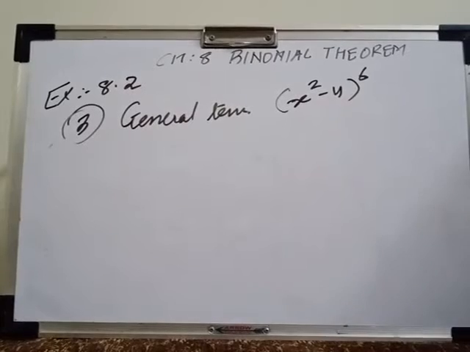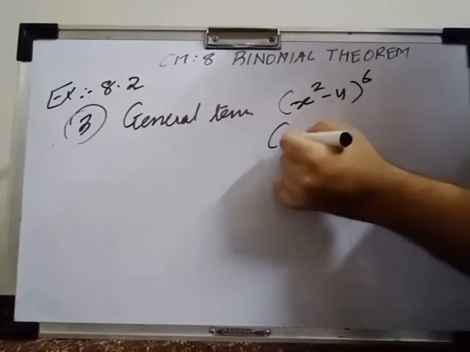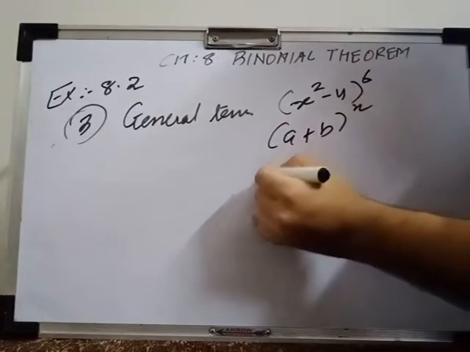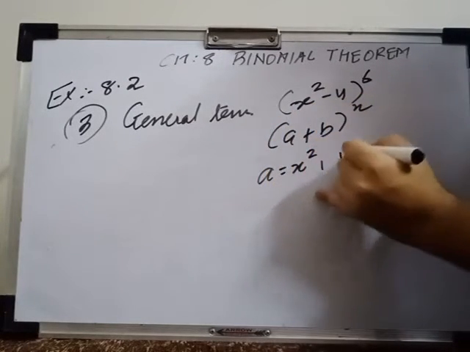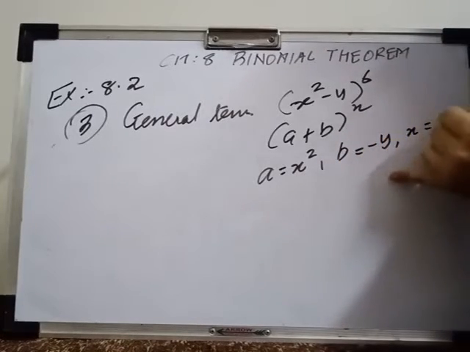Let's understand the question from exercise 8.2. Here we are asked to find the general term of the expansion given. If I compare this with a plus b raised to n, then my a is x square, my b is minus y, whereas n is 6.